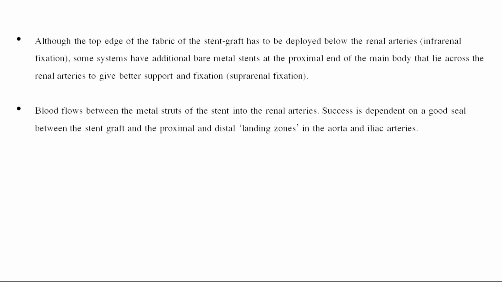So blood flows between the metal struts of the stent into the renal arteries. Success is dependent on a good seal between the stent graft and the proximal and distal landing zones in the aorta and the iliac arteries.